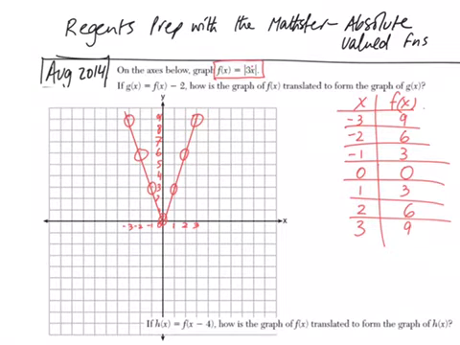This is our graph for f(x) is equal to the absolute value of 3x.